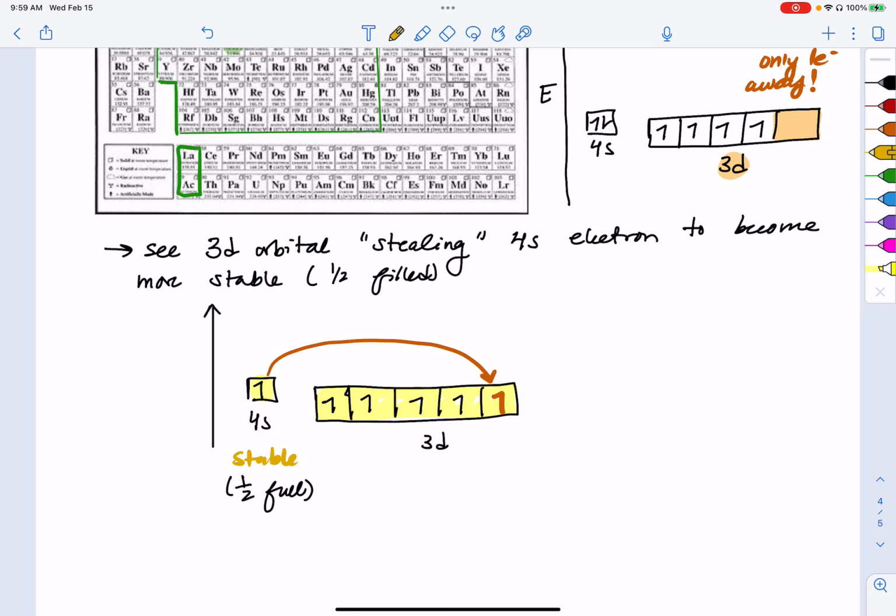And the 3d is now totally half full. So this is nice and stable.